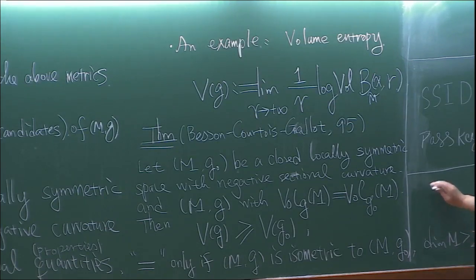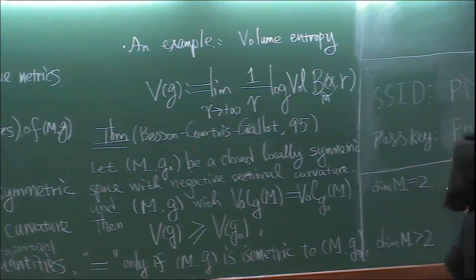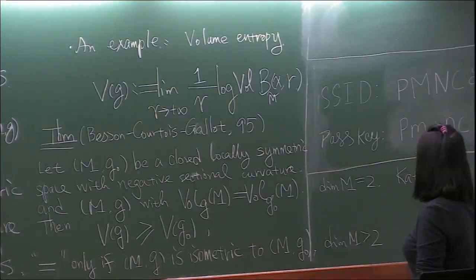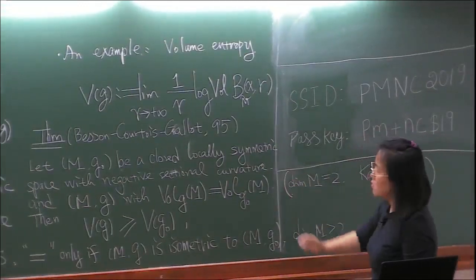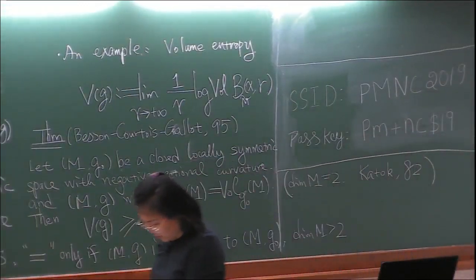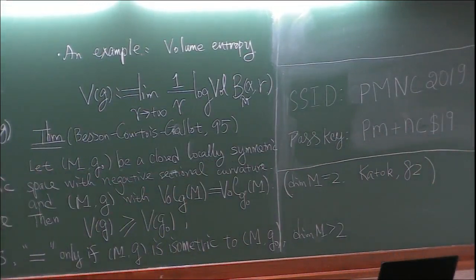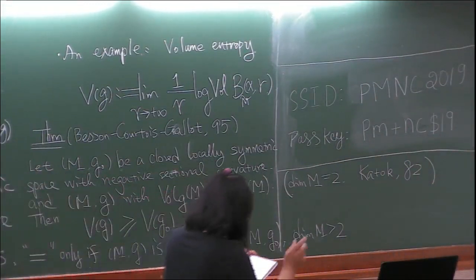So I want to put a remark here that this theorem also holds in the dimension 2 case. This is by Katok in 1982. Oh, it's not the same, I'm sorry.